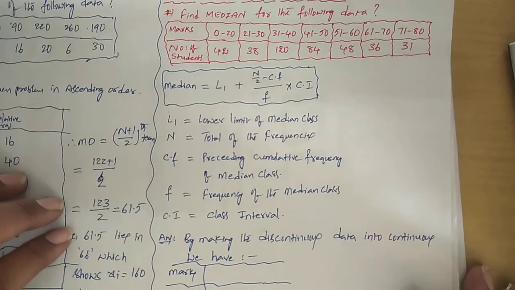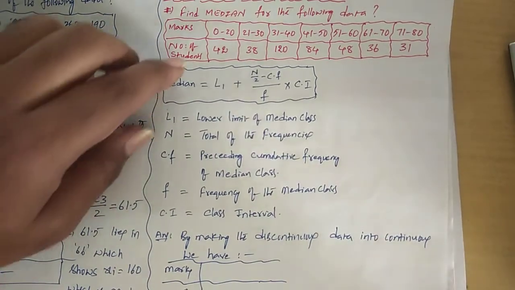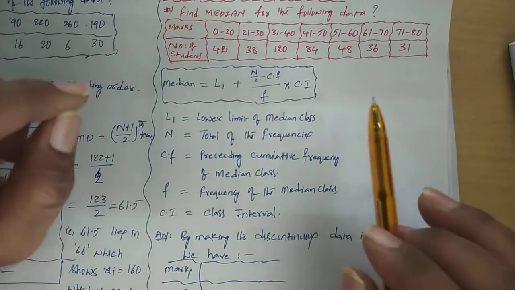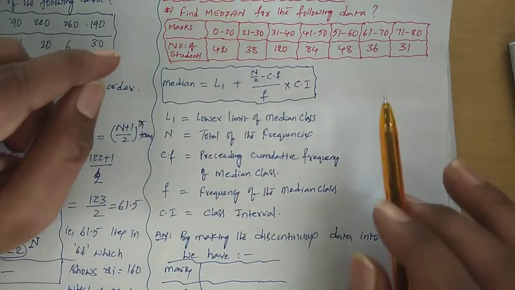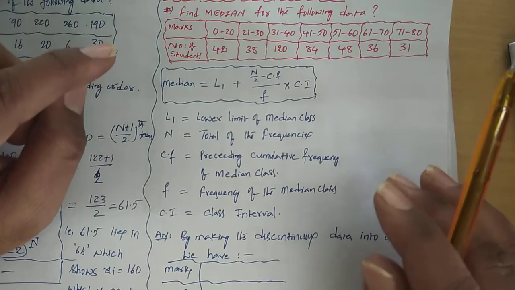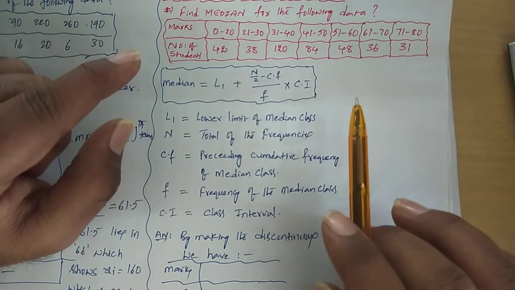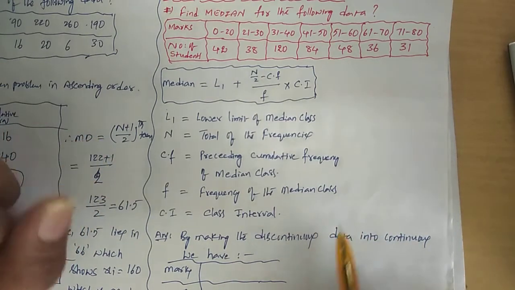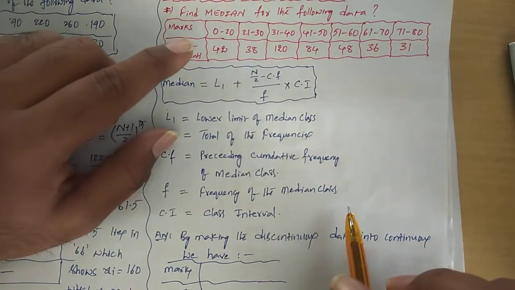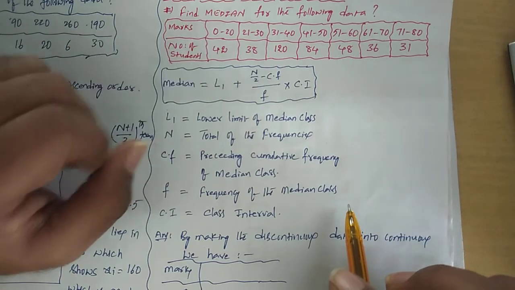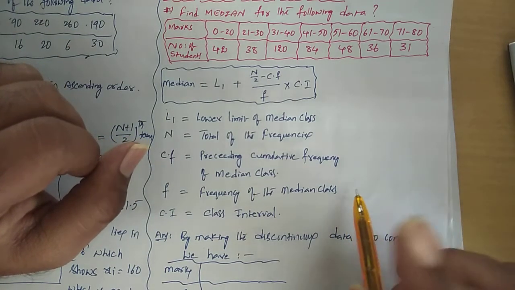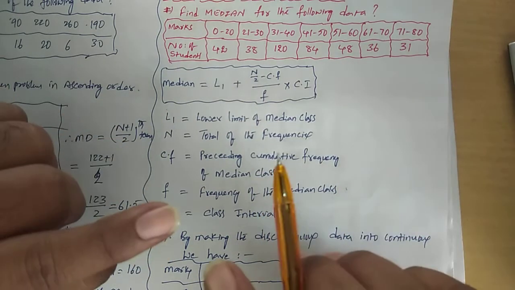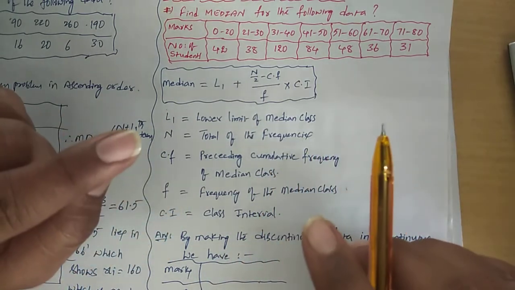Now all of you look at here. So how to make it continuous? Always remember that to make discontinuous data into continuous, you need to consider two side-by-side, consecutive intervals. In the preceding interval, you take the higher limit. In the succeeding interval, you take the lower limit. Take the difference. Understand?